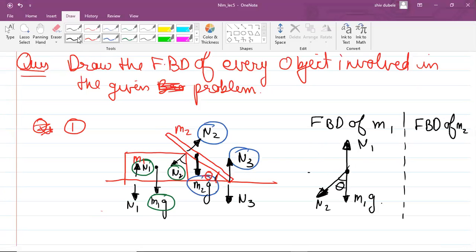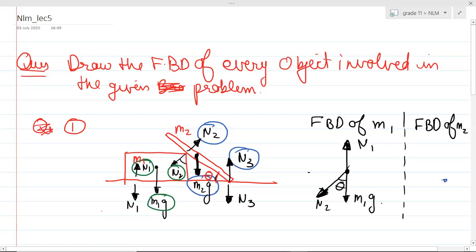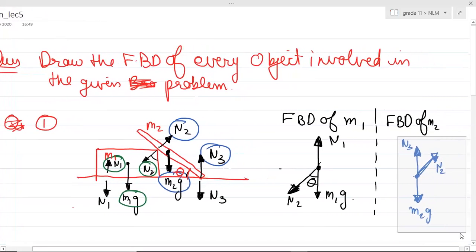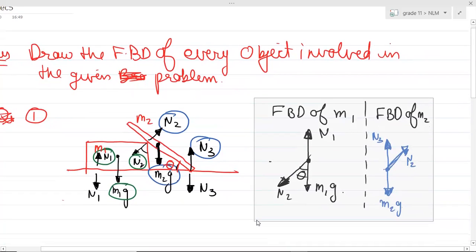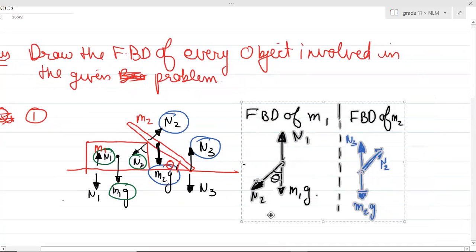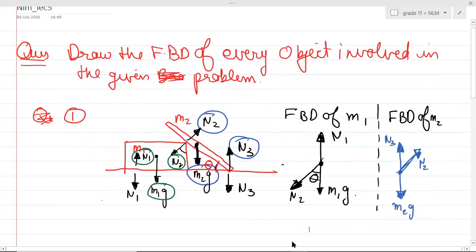So if I draw the free body diagram of the rod, it will be something like M2G in the downward direction, N3 in the upward direction, vertically upwards, and there will be N2 over here. So this is your free body diagram.